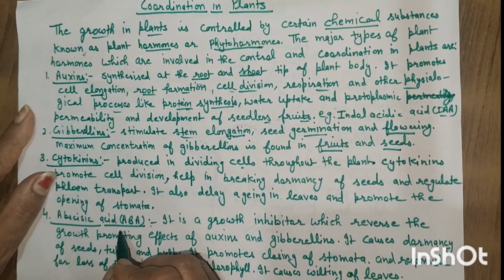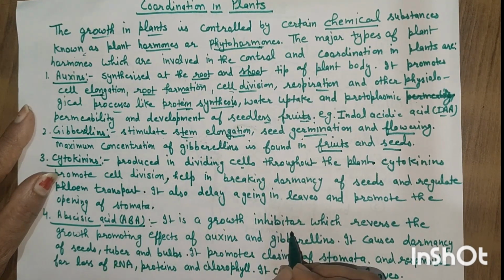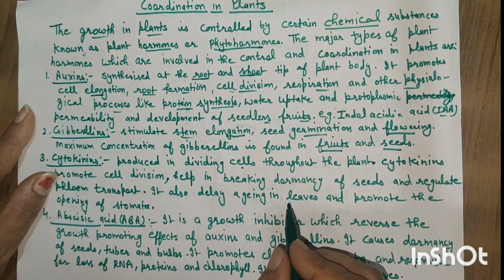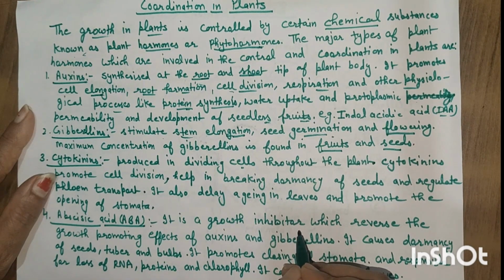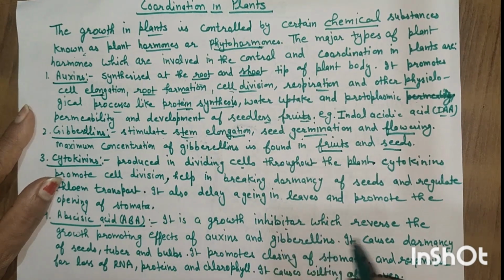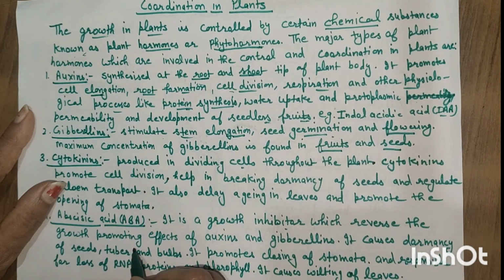Fourth is abscisic acid or ABA. It is called the growth inhibitor. It is somewhat the reverse of cytokinin. It is the growth inhibitor which reverses the growth promoting effect of auxins and gibberellin. It causes dormancy of the seeds, tubers and bulbs.